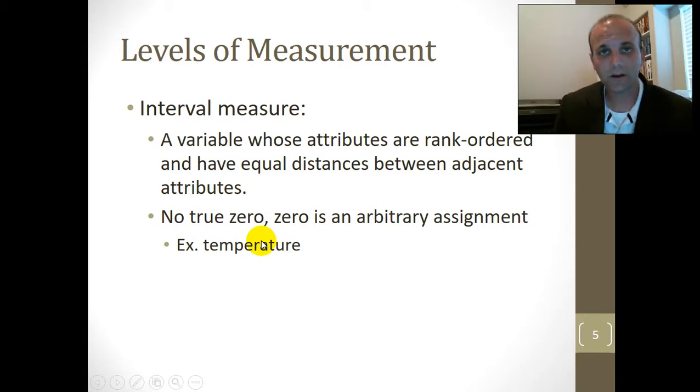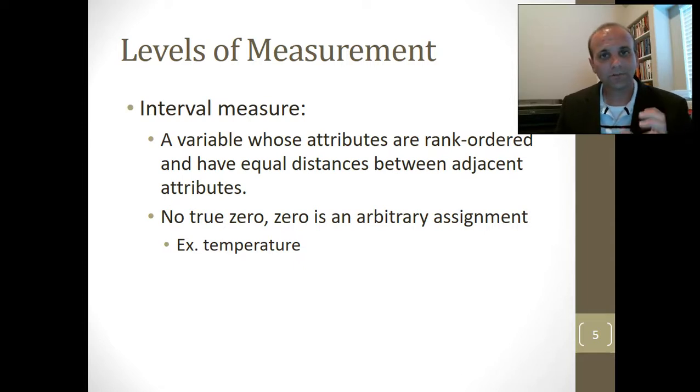Zero is arbitrarily assigned. So the example everybody tends to use with an interval measure is temperature, right? So there's equal distances. 5 degrees to 10 degrees Fahrenheit is the same distance as 15 degrees to 20 degrees. That's a 5-degree temperature change, right, in Fahrenheit.